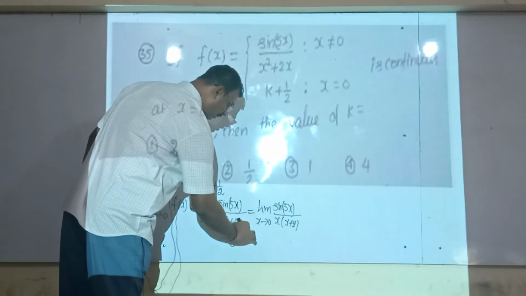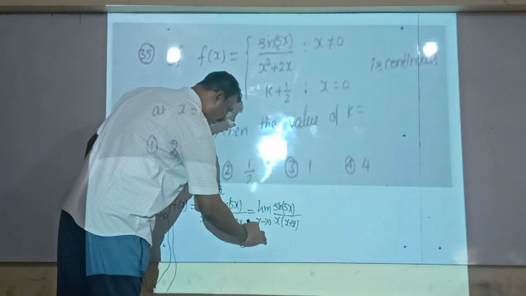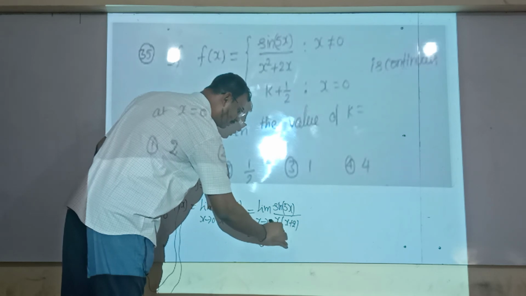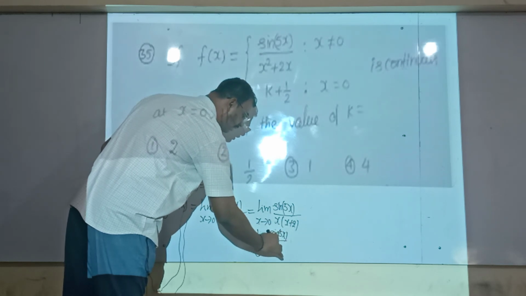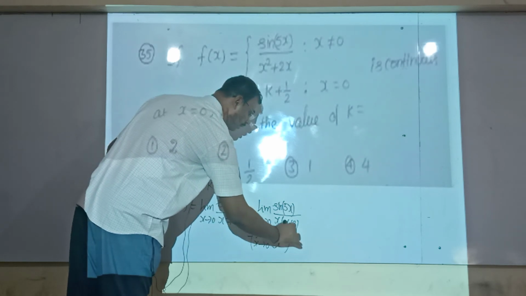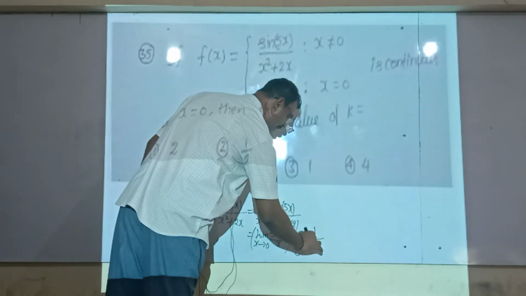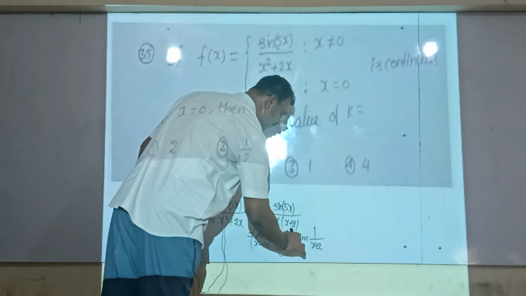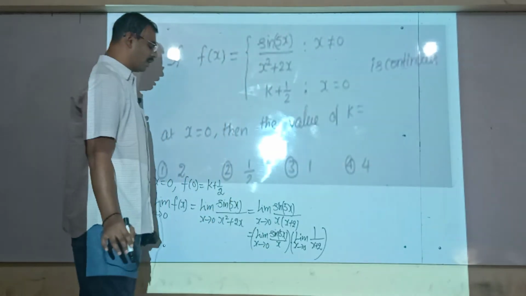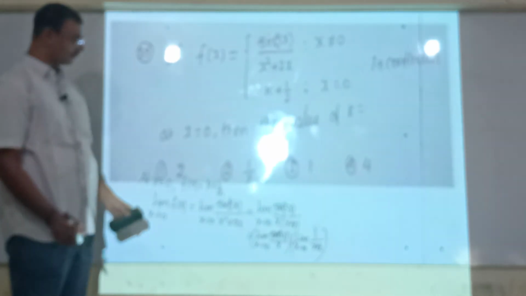So this is equal to, I can separate this: limit of sin of 5x divided by x as x approaches 0, into the limit of 1 divided by x plus 2 as x approaches 0.